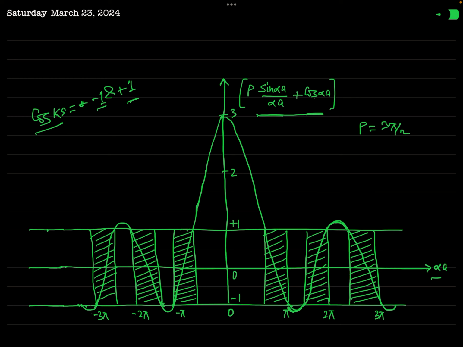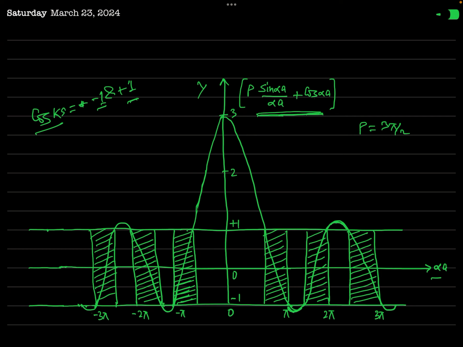So in this figure you can see the shaded region, which I have shown, those are the allowed energy bands, because in the shaded region the value of the parameter on this y-axis lies between 1 and -1, and those are allowed values. But in the unshaded region, alpha A has a value for which the expression is greater than 1 or less than -1, which is not possible.